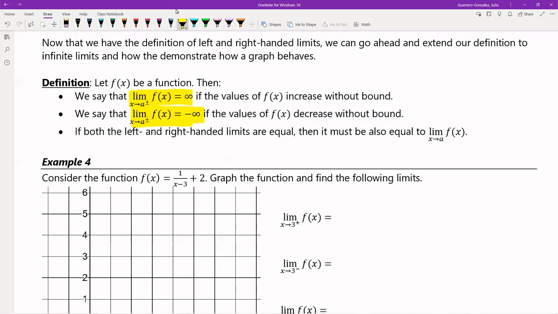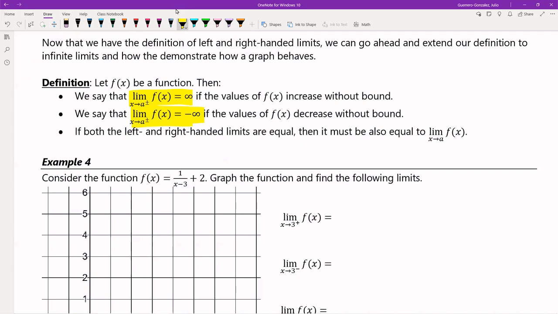So both of those are exactly how you think, right? As our x values approach a value a, we say that the limit is positive infinity if the f of x or the y values increase without bounds. They just keep growing and growing and growing, okay? And vice versa, if the y values just decrease without bounds. So if they just take a nosedive, then we say that that limit is negative infinity.